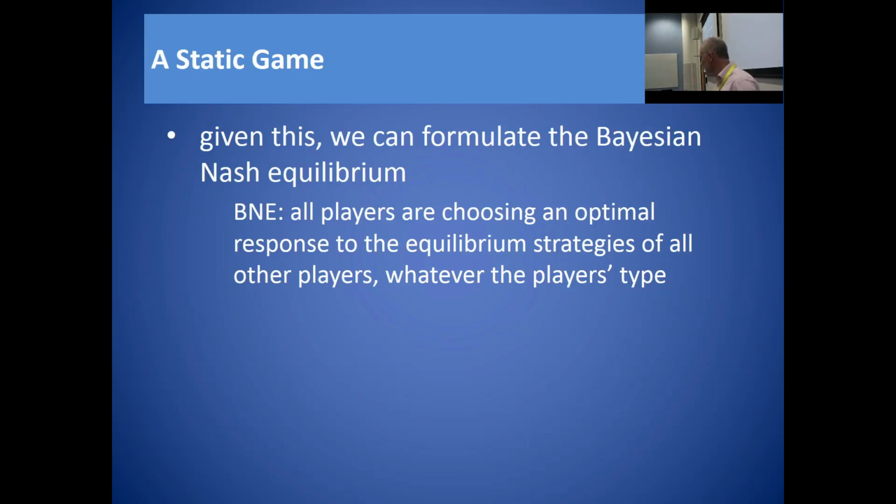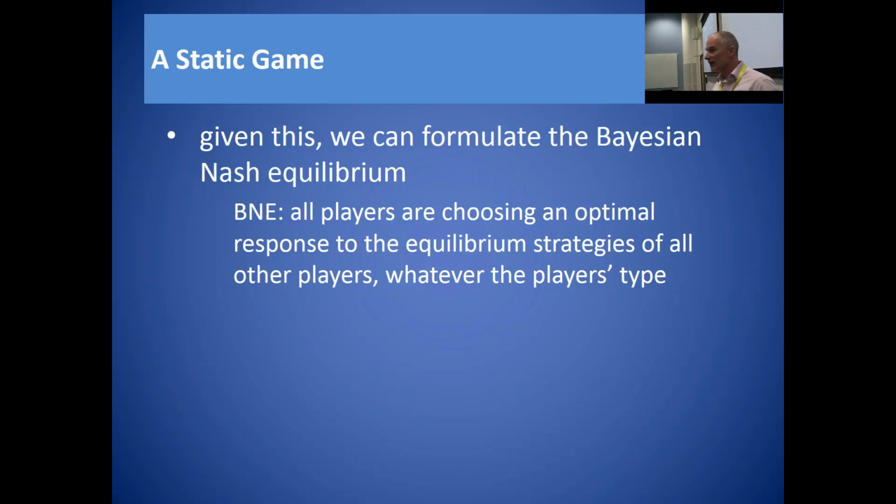So, how do we bring this all together then to define our Bayesian Nash equilibrium? And just initially, to give you a definition of what a Bayesian Nash equilibrium is. This will be when all players are choosing an optimal response to the equilibrium strategies of all other players. Pretty much sounds like a Nash equilibrium so far. And then this part on the end, whatever the player's type.